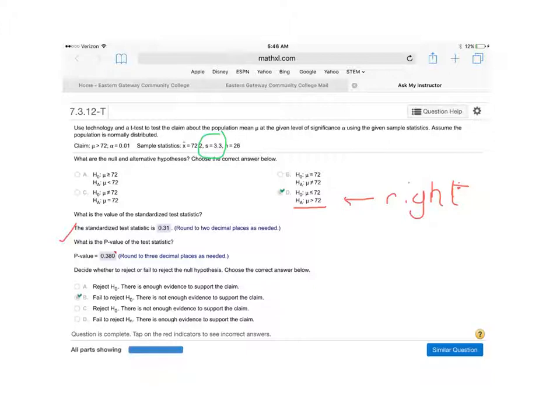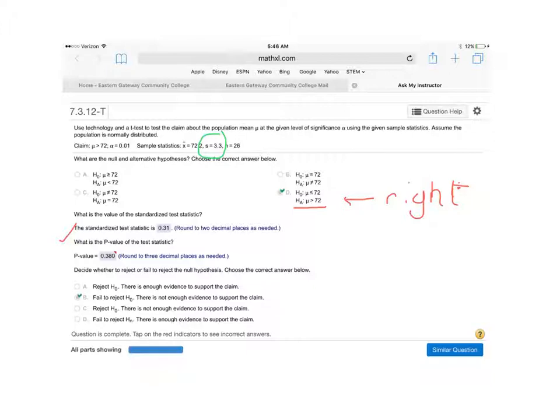S is the standard deviation of a sample, and we are using it to approximate the standard deviation of our population. Anytime you are dealing with a hypothesis test for means and you are using S as a substitute or approximation for sigma, you are now in the t distribution as opposed to the normal distribution.